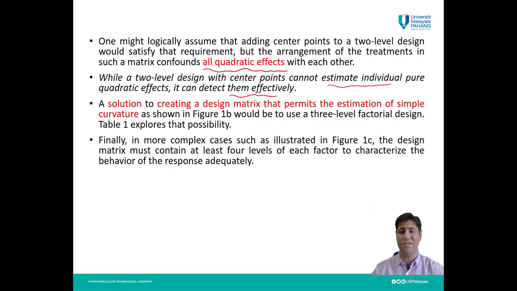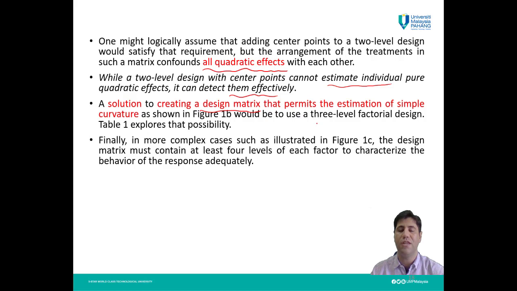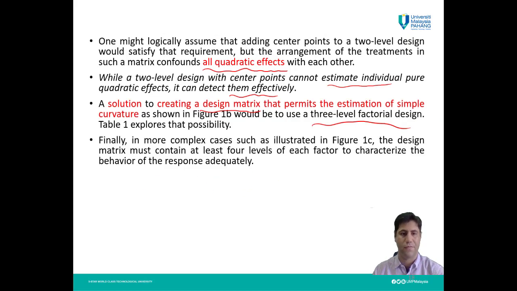A solution to creating a design matrix. Design matrix, I think, is a phrase which you already know from design of factors. We define factors and the levels of the factors. So a solution to creating a design matrix by which we can estimate a simple curvature, like what we had in figure 1b, is to use a three-level factorial design, like what I told you, low, medium, and high.